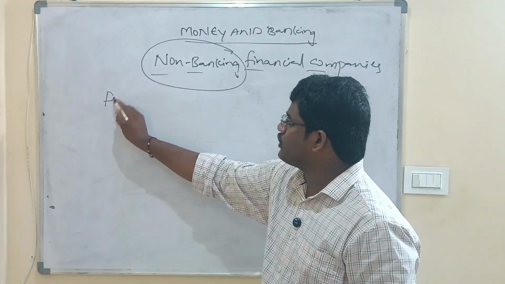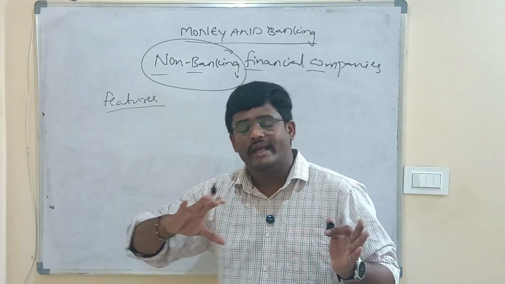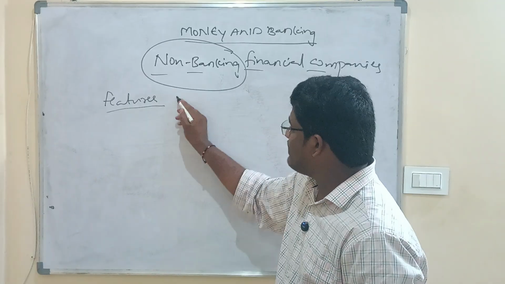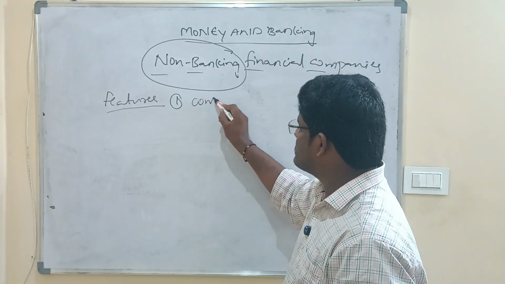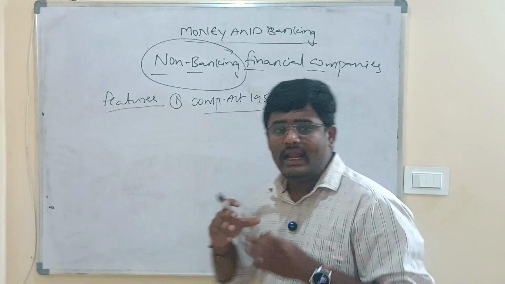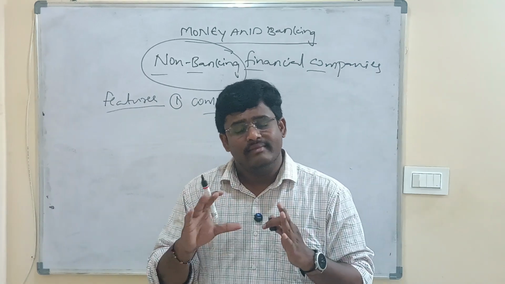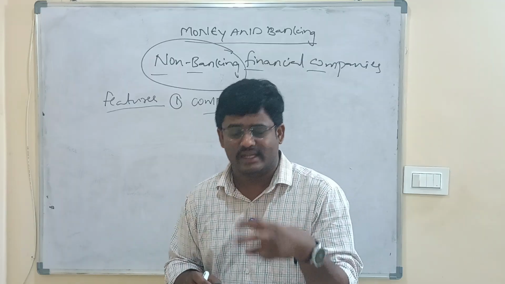Now we are talking about certain features of NBFCs through which we are able to understand how they differ from banks. The first feature is that NBFCs should be registered under the Companies Act 1956. Since they are companies, they should be registered under the Companies Act 1956.